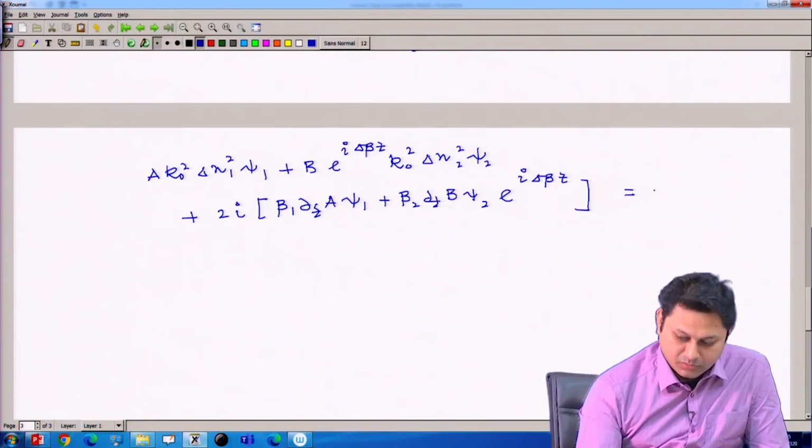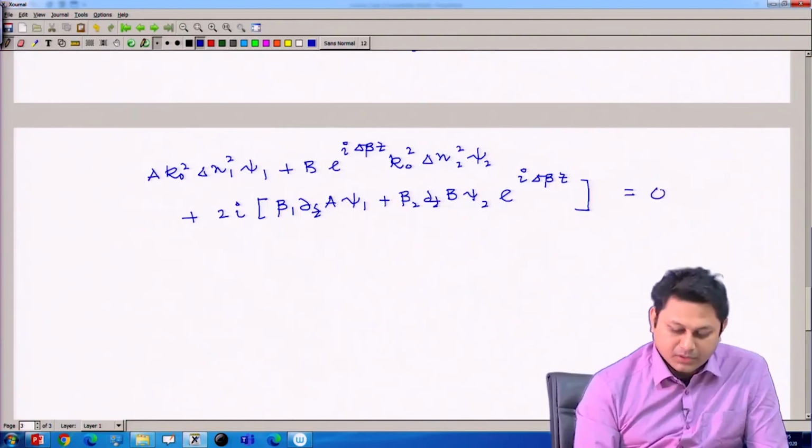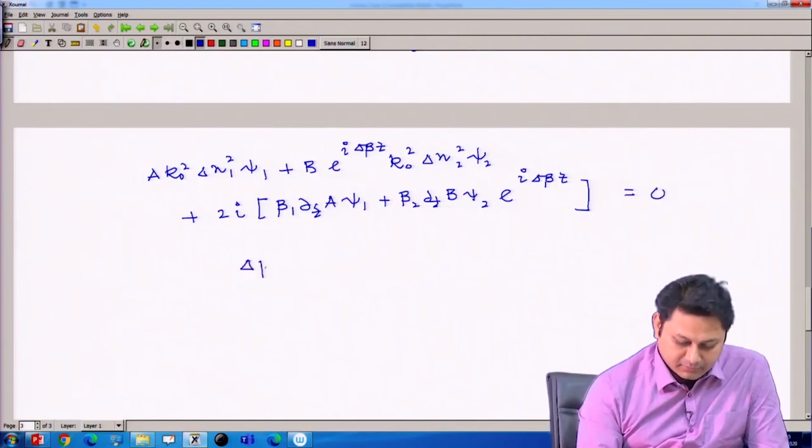This is equal to 0. Note it, delta beta is equal to beta 2 minus beta 1.